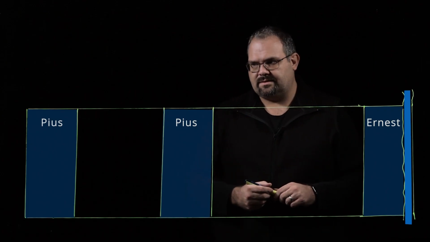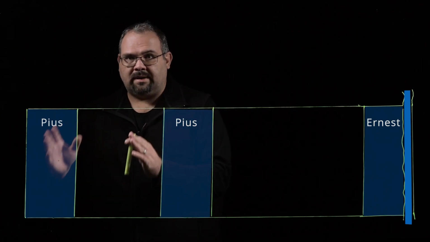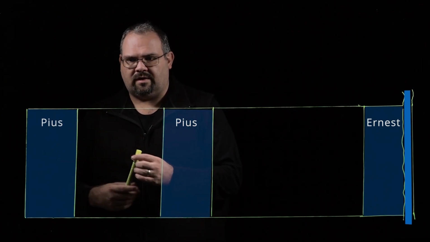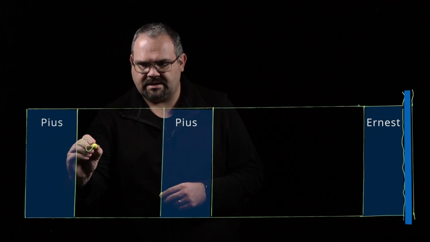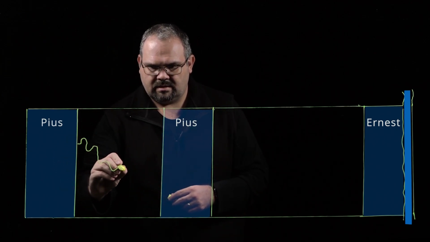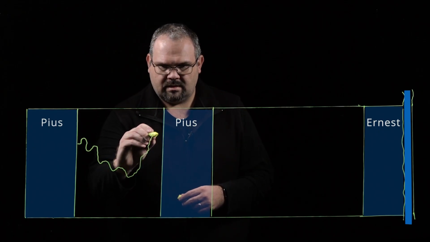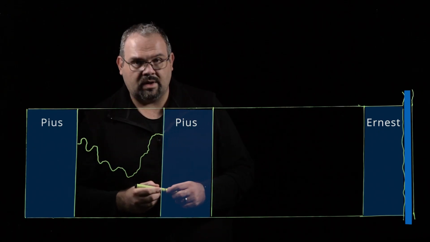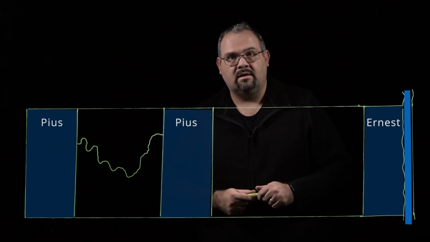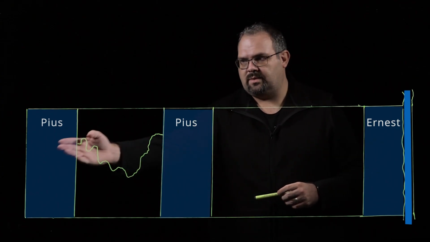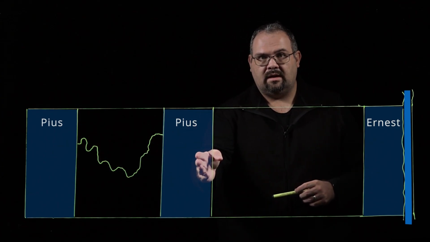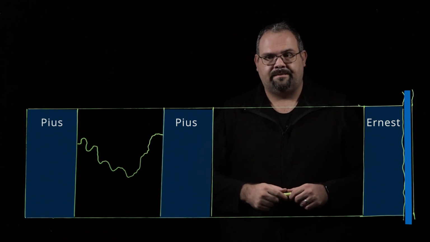Let's consider this. So Pius starts on his farm and meanders with his 100 heads of cattle over, let's say, 5 farms between his farm and his farm over here.